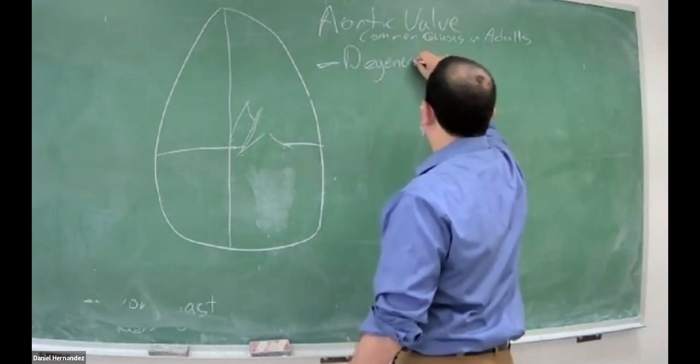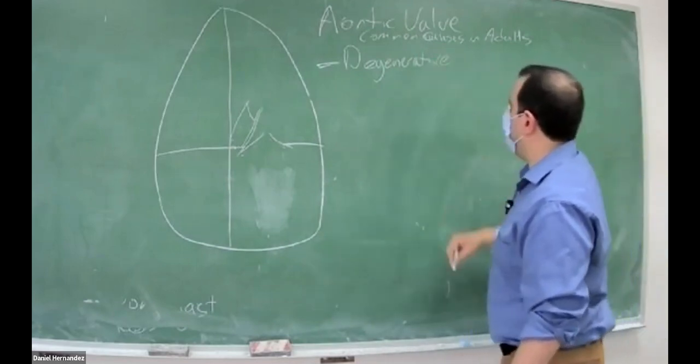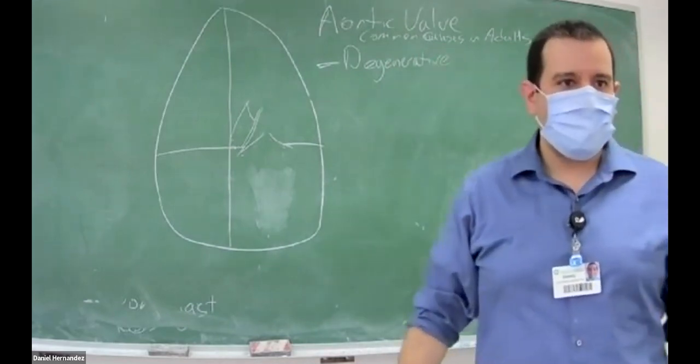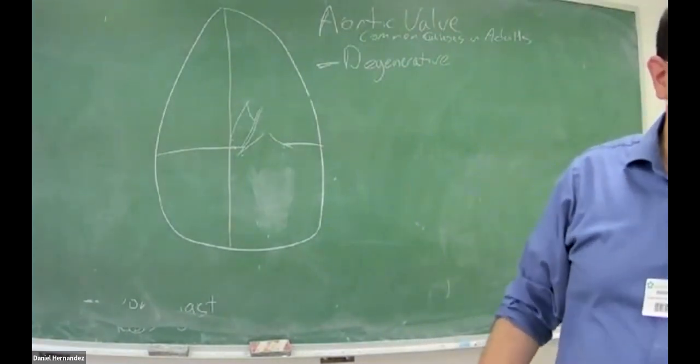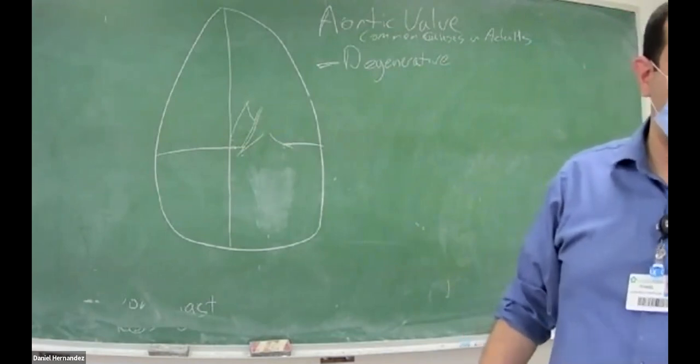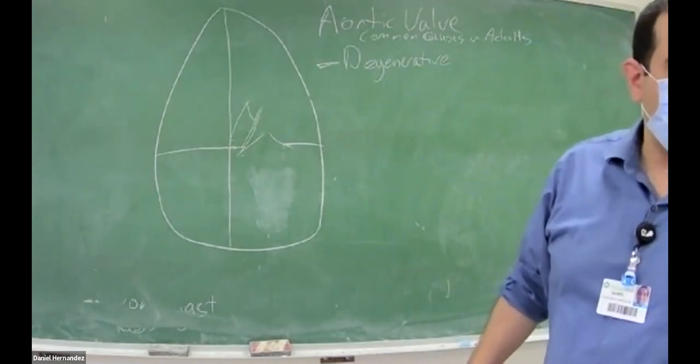That valve is breaking down over time. It's under a lot of stress. The aortic valve has to withstand those pressures. So the main thing that affects the aortic valve is going to be degenerative changes.